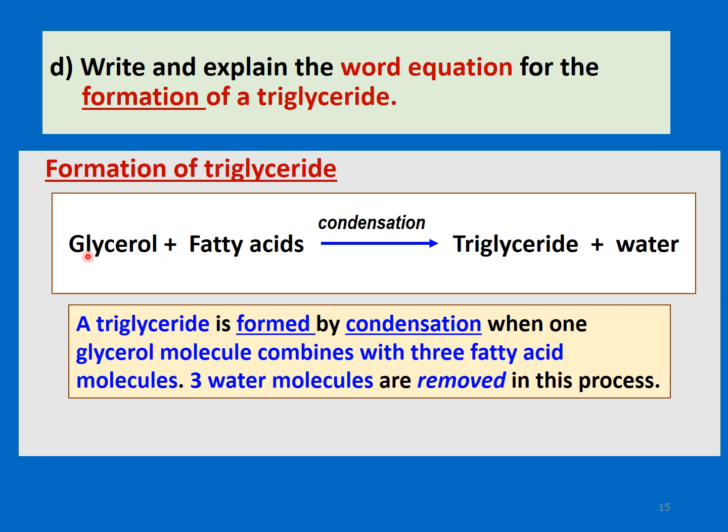So the word equation is glycerol plus fatty acids, through condensation, gives triglyceride plus water. Then you have to explain this equation: a triglyceride is formed by condensation when 1 molecule of glycerol combines with 3 fatty acid molecules, and in the process 3 water molecules are removed. Okay, easy.